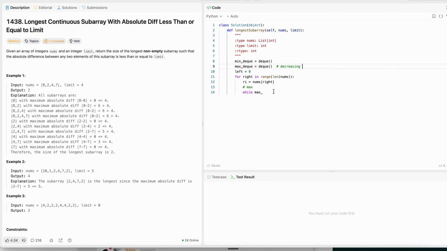So if the max deque exists and the max deque's last value is smaller than the current one, okay, we use the deque to store the indices.